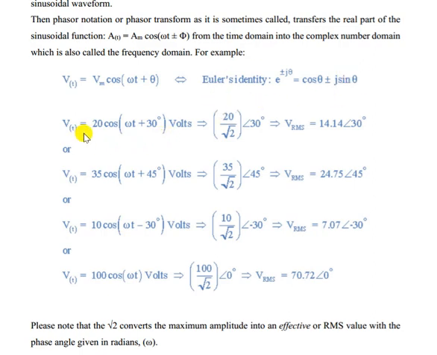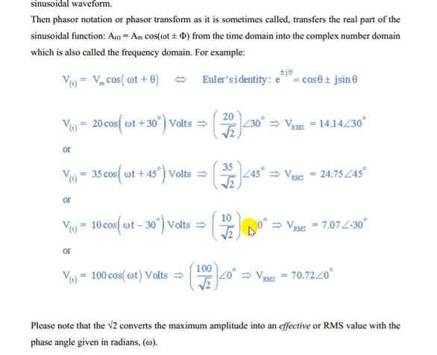Then if it is written like that, V equals 20 cosine of omega t plus 30 degrees, that means this is your maximum value Vm. So we divide by root 2 to get the RMS value, at an angle of 30 degrees. Again Vm divided by root 2, and this is at an angle of 45 degrees. So that is the VRMS value.